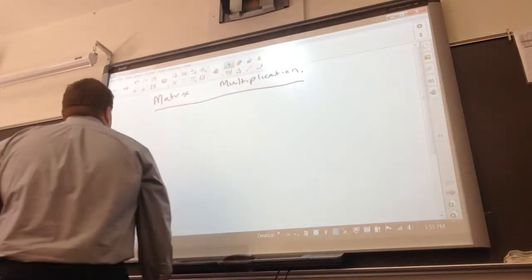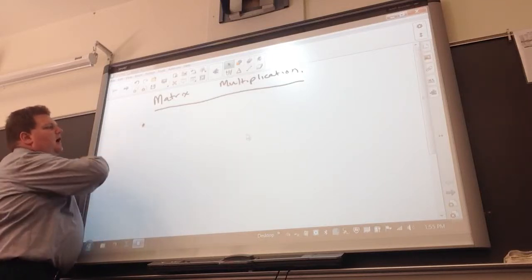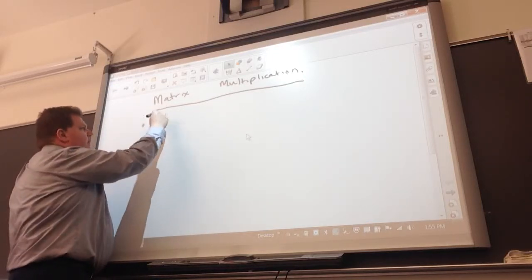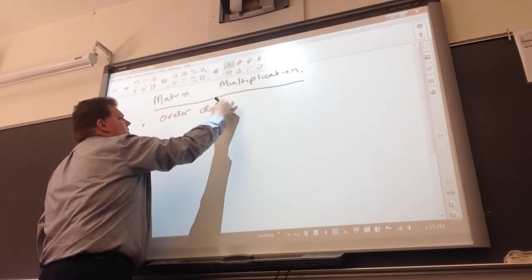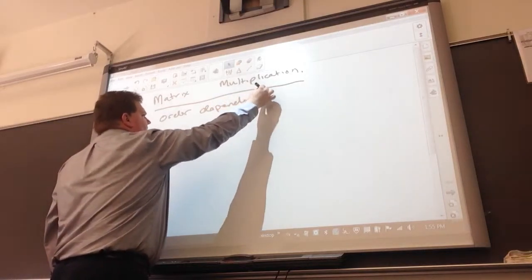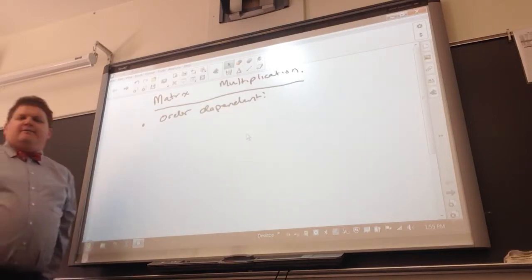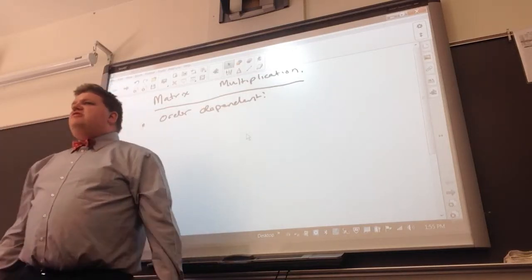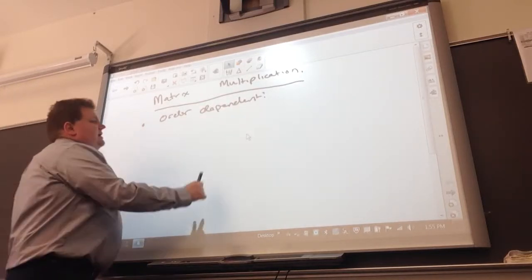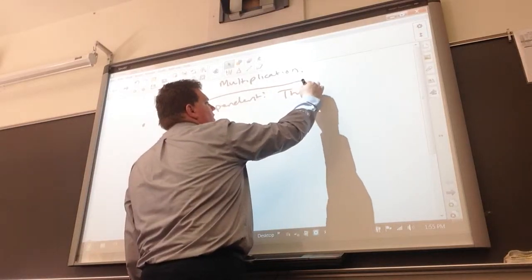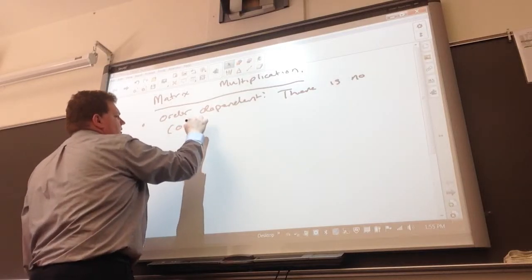The big thing about matrix multiplication is that the first condition is that they're order dependent, meaning that they lack the commutative property. So matrix A times matrix B does not necessarily equal matrix B times matrix A. There is no commutative property.